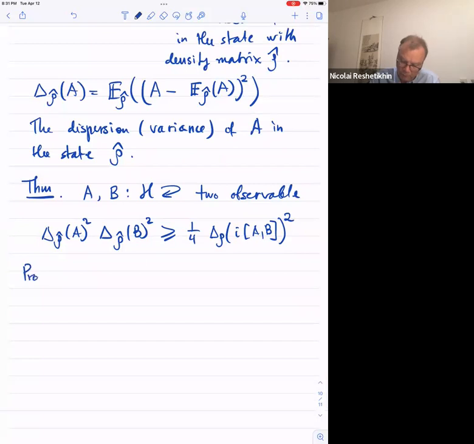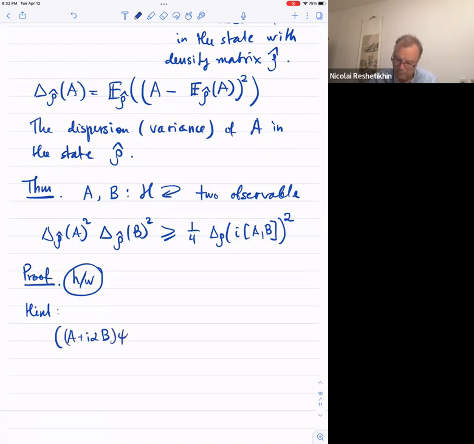So, proof. Let's leave it as a homework, and the hint is the following. Consider this function, A plus i alpha B. First, assume that this is a pure state.